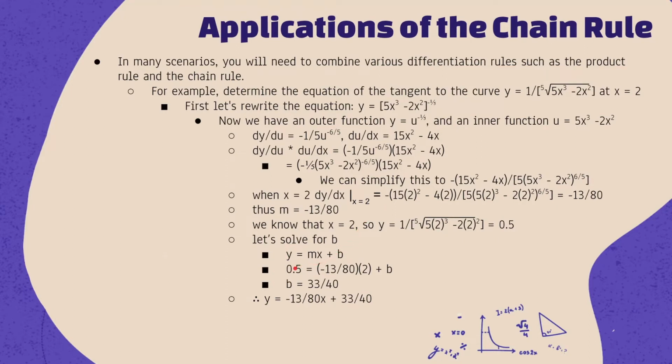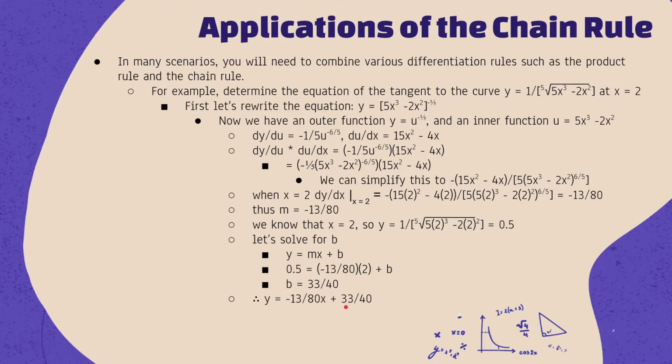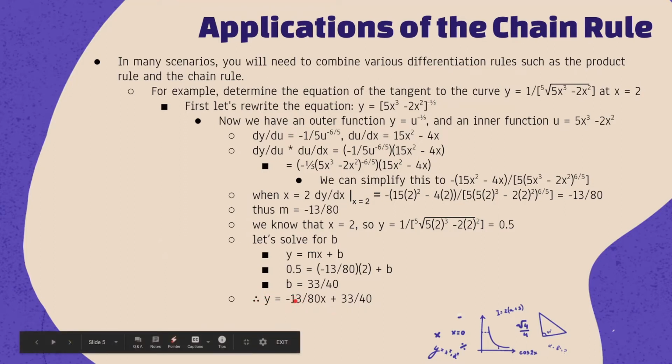Plugging in the values, we get 0.5 equals negative 13 over 80 times 2 plus b. Isolating everything and putting this to that side, we actually find out that b equals 33 over 40, and so the tangent is y equals negative 13 over 80 x plus 33 over 40.